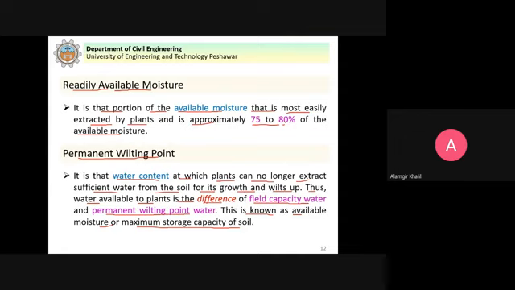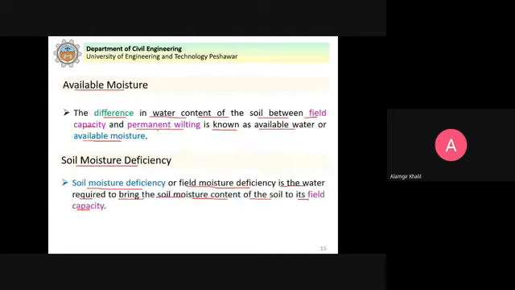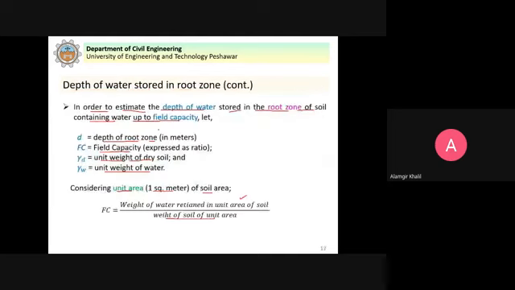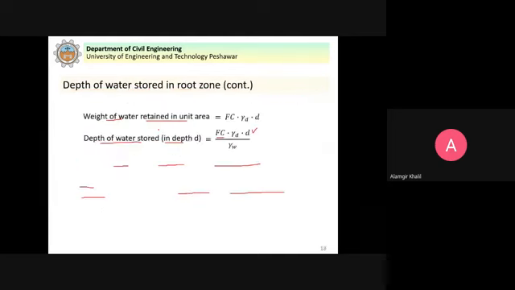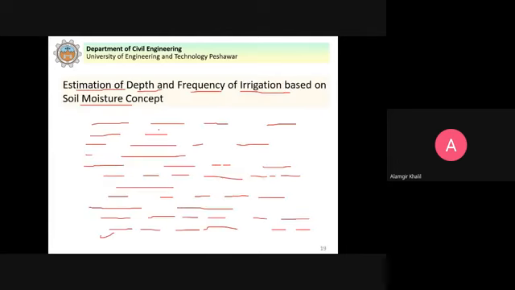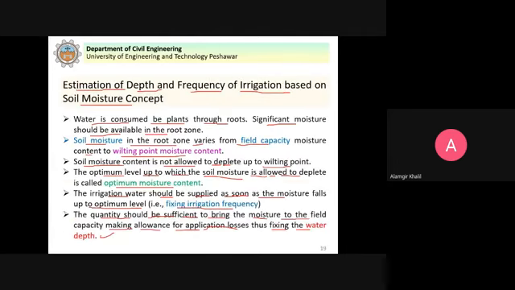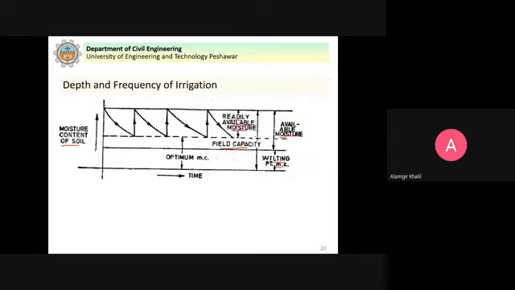So we can assume that it is 75% or 80% of the available moisture. So this is the readily available moisture.